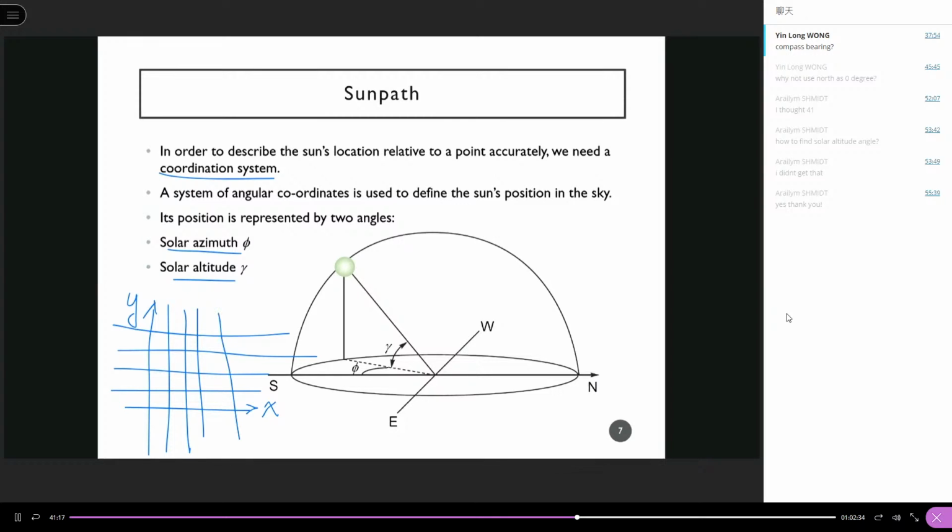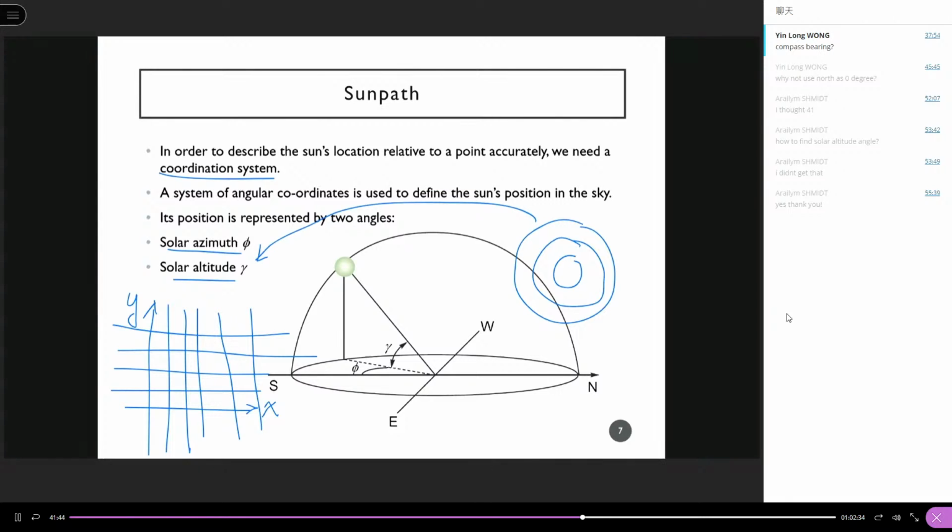Similar to a rectangular coordinate system, we may use an angular coordinate system to draw all the lines representing these two angles. In the polar coordinate system, these circles will represent the solar altitude.